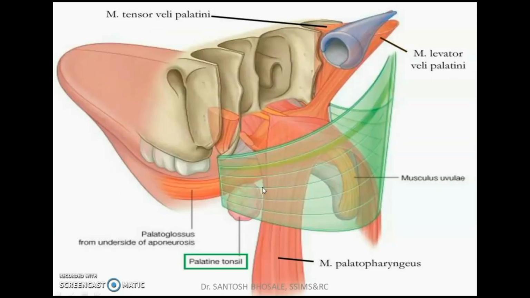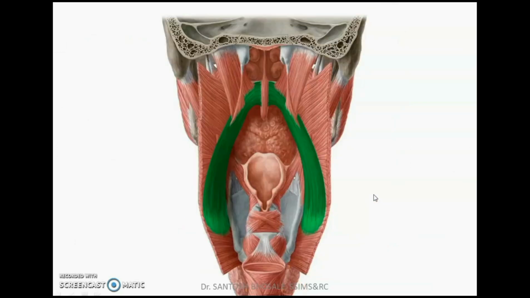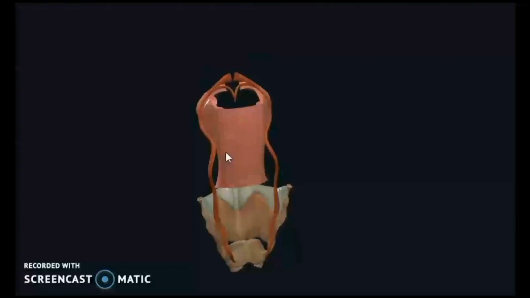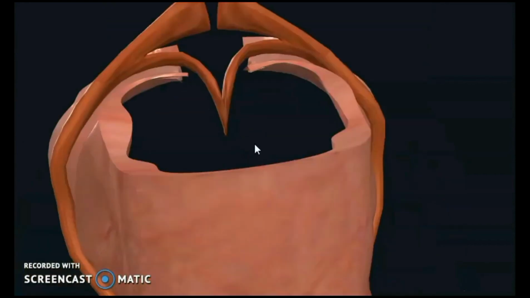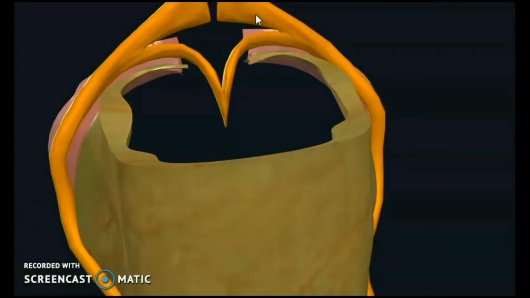You can see here how palatopharyngeus takes origin. It has two fasciculi, anterior and posterior. Anterior come from the hard palate and also upper part of the posterior surface of palatal aponeurosis. You can see there anterior and posterior fasciculi. Posterior fasciculi come from the lower part of the superior surface of palatal aponeurosis.